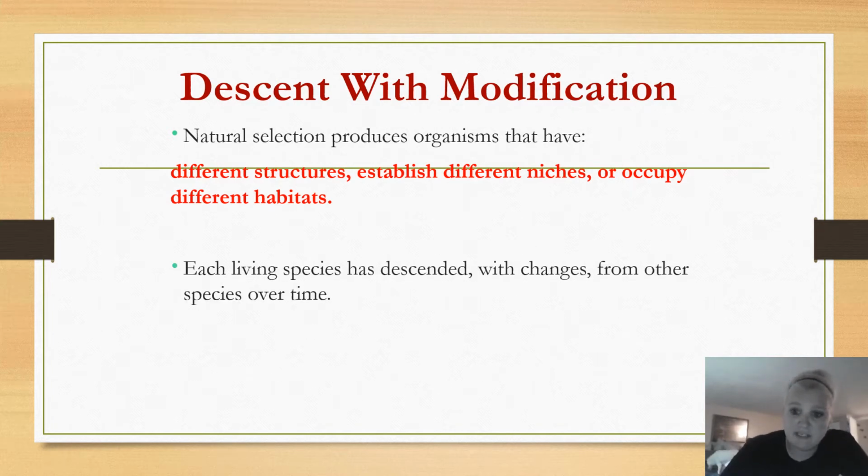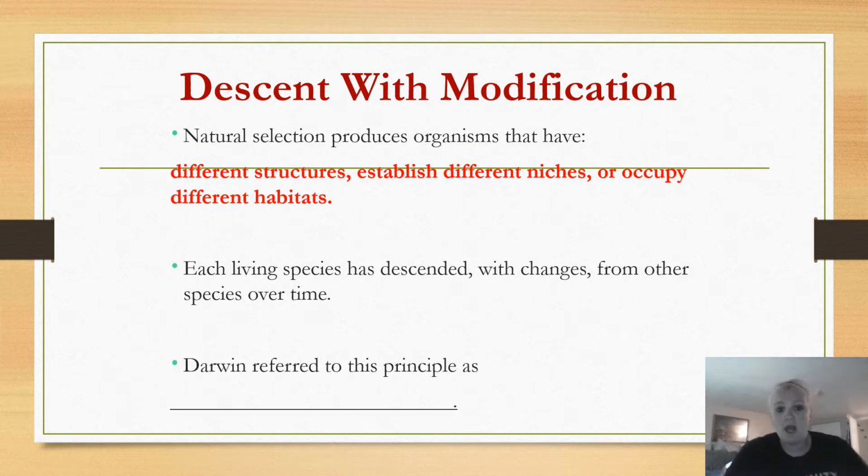And each of these species have descended from a common ancestor, but as they've descended, they've become modified. They've gotten a little bit different. So again, if we have one ancestral bird throughout history and through this evolution, this change over time, these different species have come about, but because they're descendants of that common ancestor, they've also changed over time.